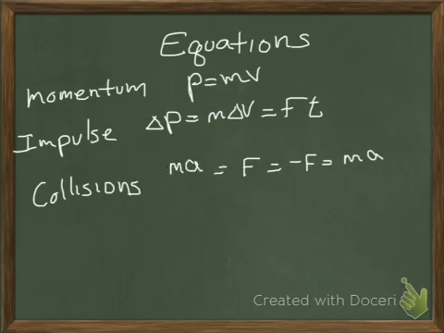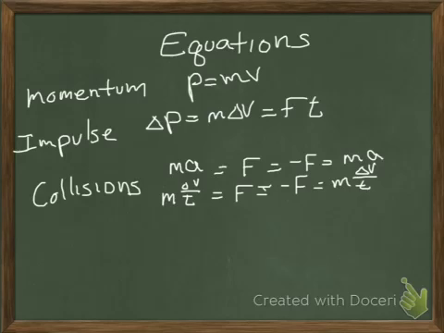Now, acceleration is really simply just a change in velocity over time. So we can say that our forces, equal and opposite, are really looking at mass and how velocity is changing over time.